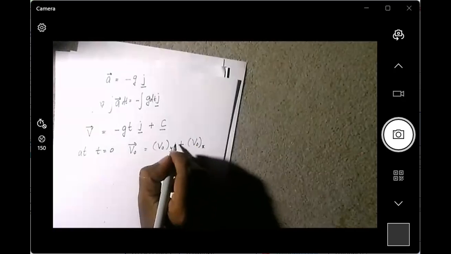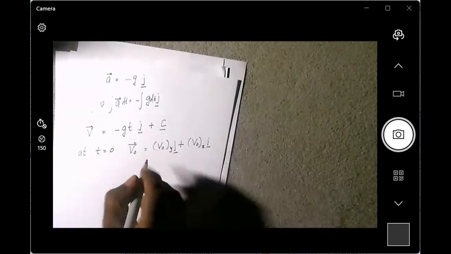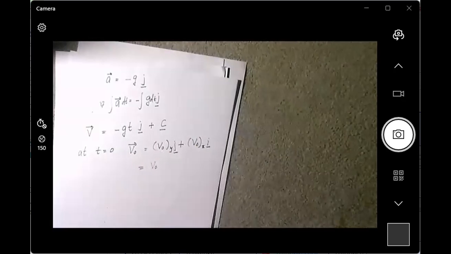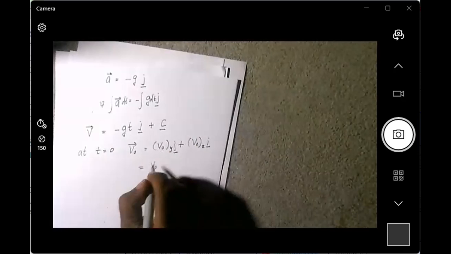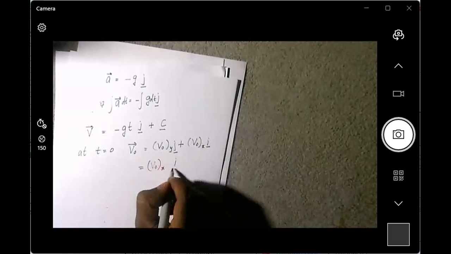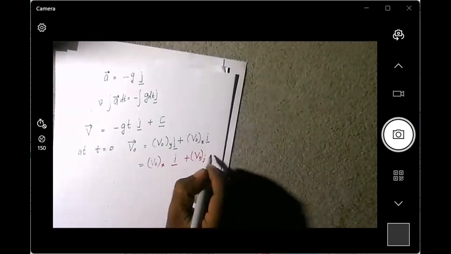I wrote it in the wrong way at first; this is j, this is i, you have to write it in the proper place, right?